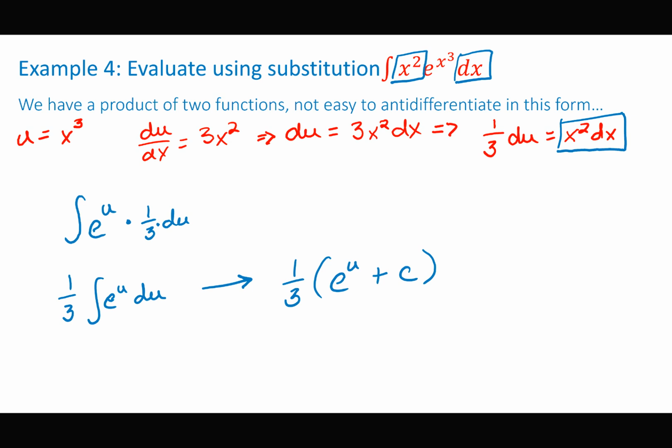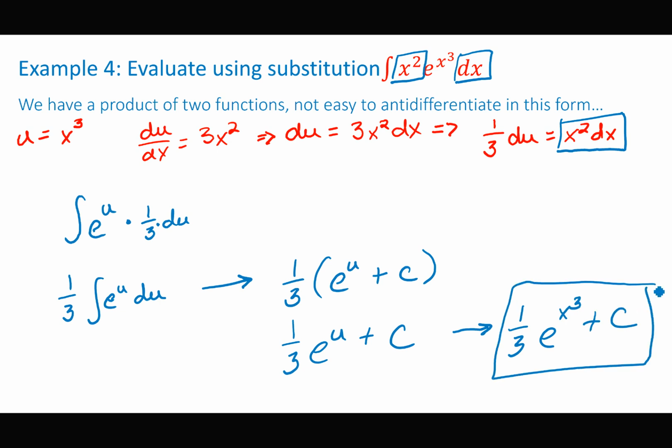I don't have to write it as 1/3 c. It's a number. Doesn't matter what the number is. And then last step, I'm going to put in what my u was. So this is 1/3 e to the x cubed plus c, and that is my antiderivative from what I initially started out with.